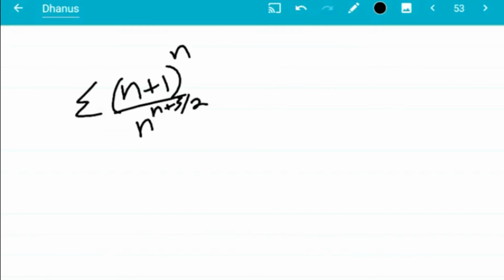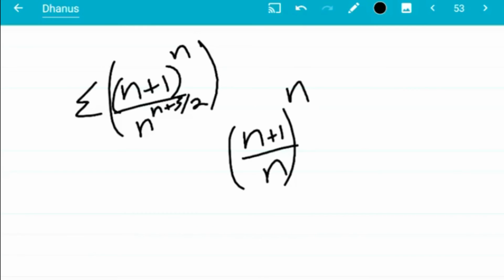I am just taking the terms. The nth term will be equal to n plus 1 by n all raised to n, into n raised to 3 by 2.